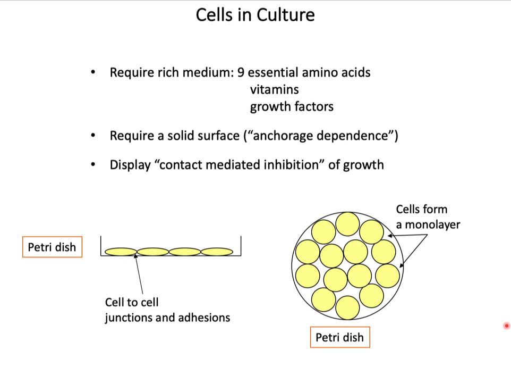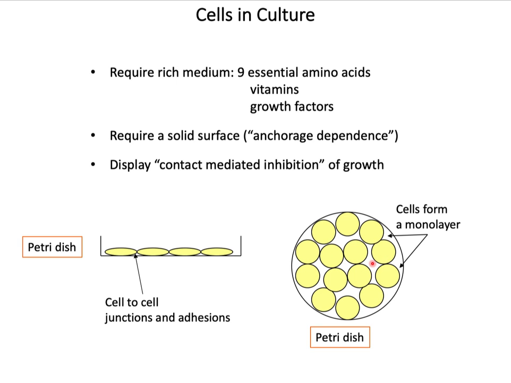And the normal cells in culture normally display what is known as contact-mediated inhibition. What I mean by that, the cells will grow in the tissue culture dish as a single layer, and as they grow and fill that dish, they begin to touch each other and form junctions and adhesions. Once that happens, they stop growing. So you end up with a monolayer in the dish that's not growing anymore.